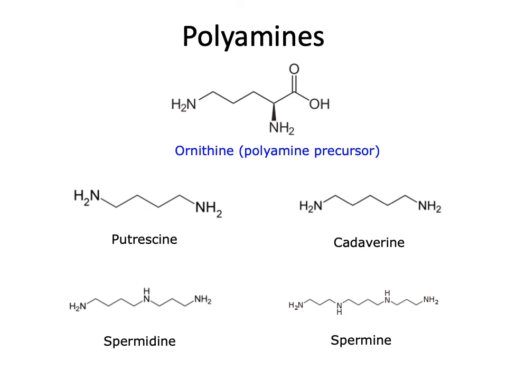If we remove the carboxyl group on the ornithine, we have putrescine. Cadaverine is derived from a different pathway because there's an extra carbon in the chain, but spermidine and spermine are derived from putrescine by adding an additional 3-carbon chain with another amino group onto one side for spermidine, and then adding an extra one on the other end for spermine.